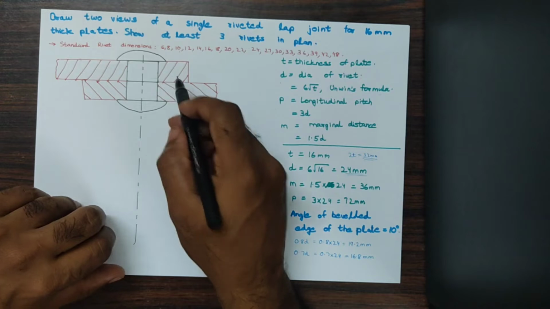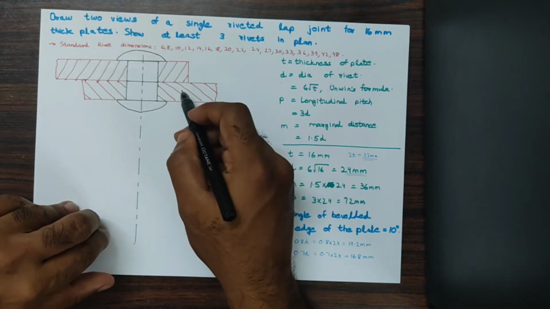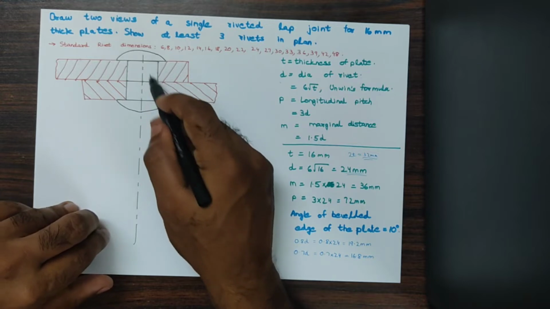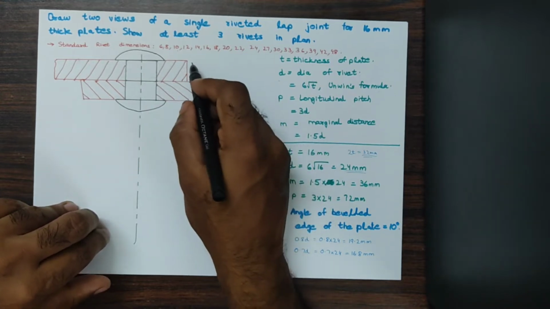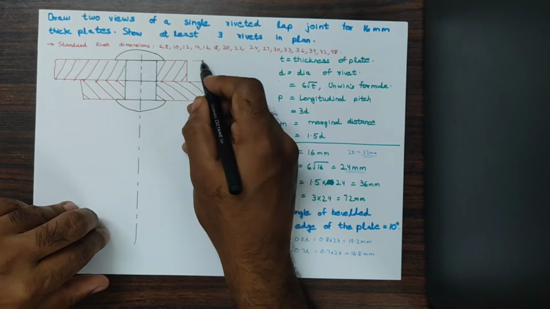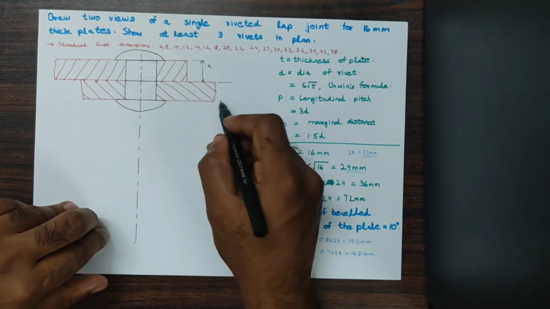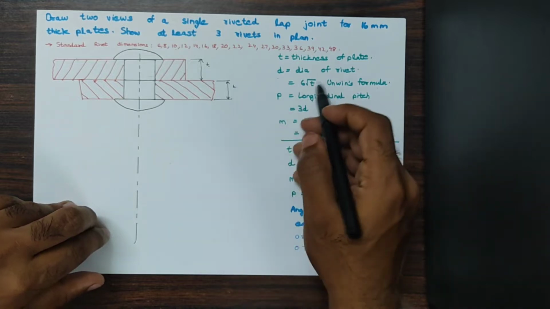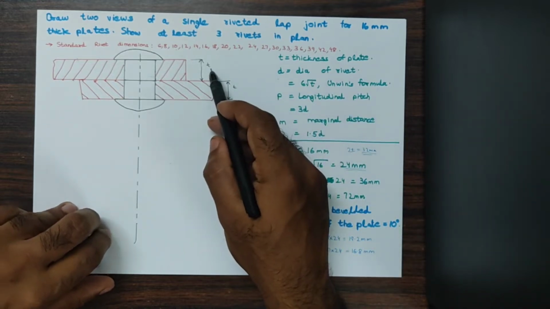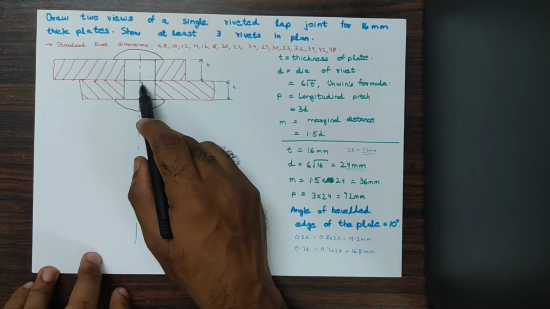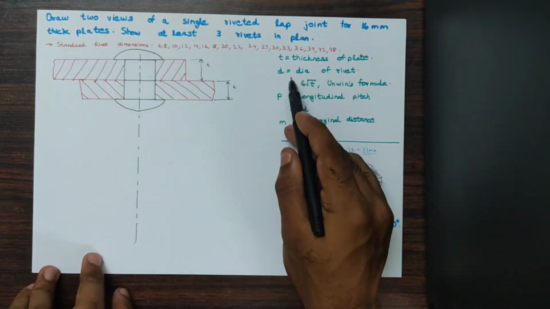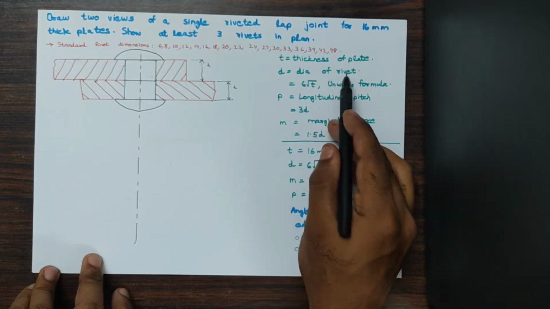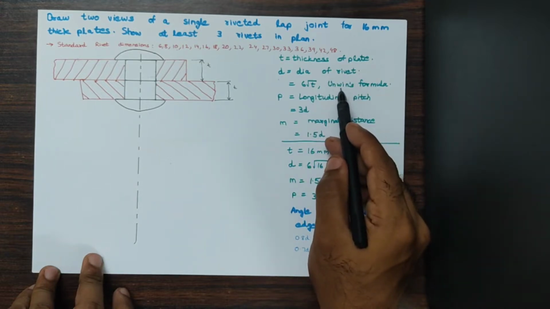So here if you look, you can see that I am having 2 plates and these 2 red plates are joined with the help of a black rivet, and this is the thickness of plate and it is represented by T. From this thickness of plate I will be finding the diameter of my rivet, and for that I am having an equation suggested by Unwin.